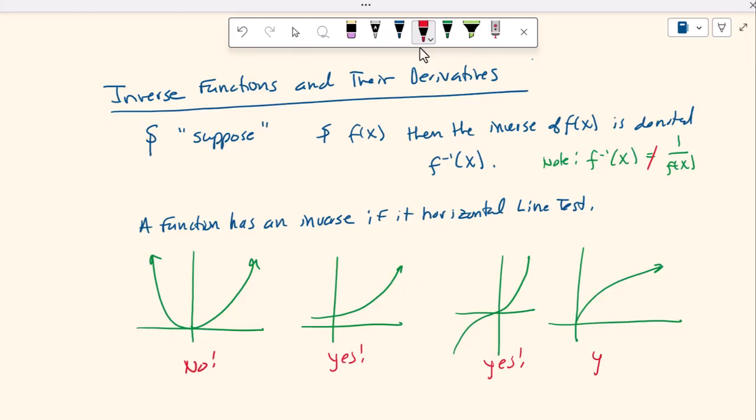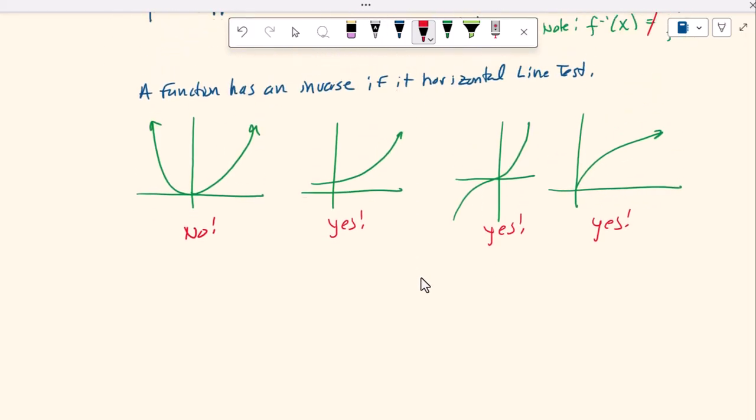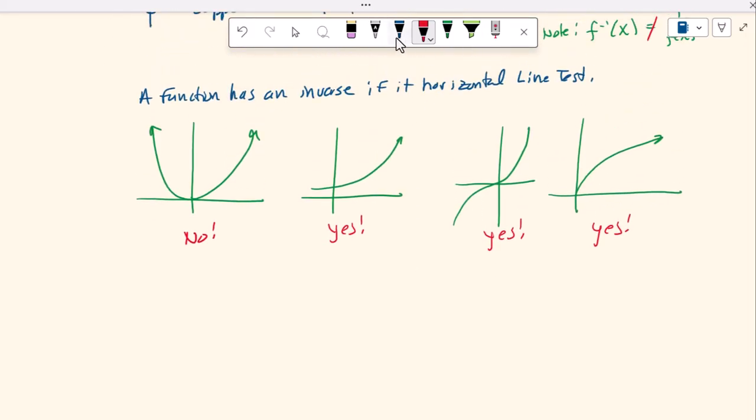Now if we have a graph that we're interested in looking at that does not have an inverse, for instance this first one, a lot of times what we can do is say, well, I'm going to consider this graph, but I'm only going to consider part of it. Because if I consider this right-hand side of this graph right here, then it passes the horizontal line test.